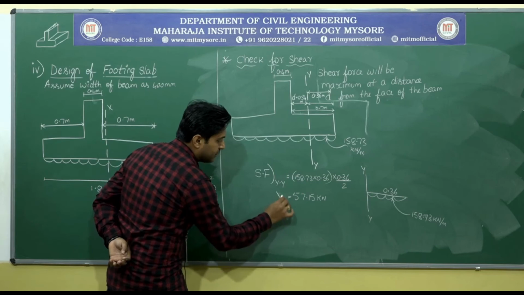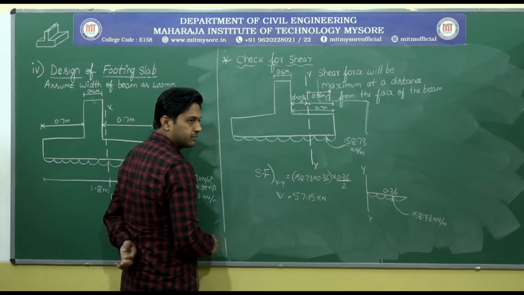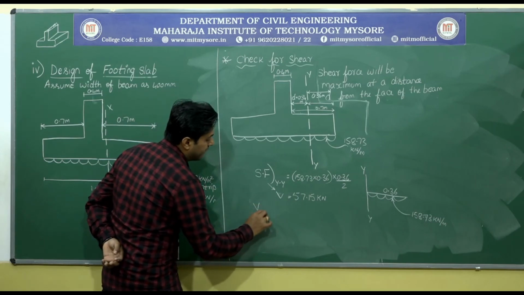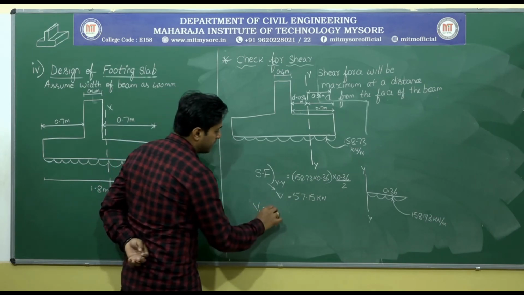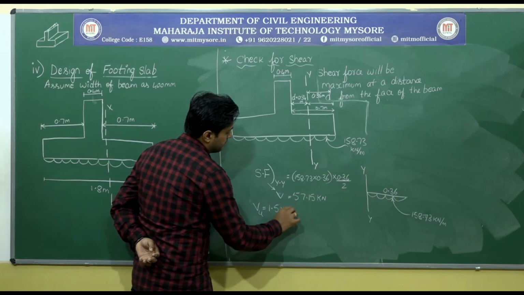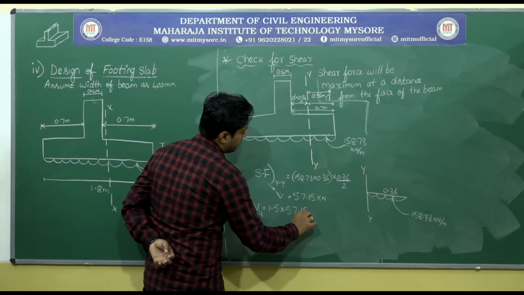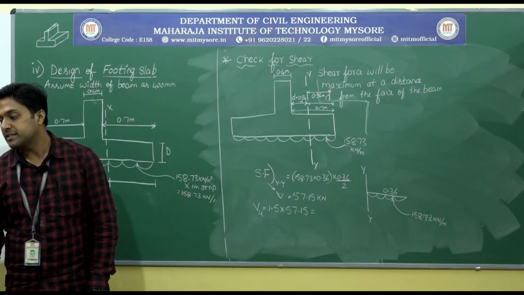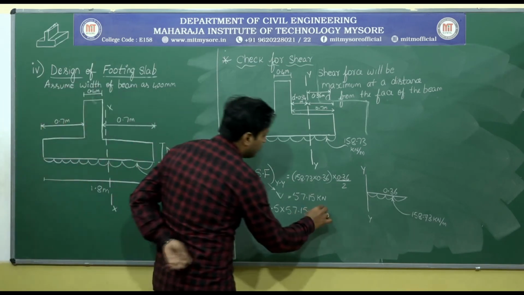But we need the maximum value. Shear force at YY is nothing but V value. I want Vu value because I want the design value. So multiply it by 1.5. So it's 1.5 into 57.15. So what is the value that we are getting? So it's 85.73 kilonewton.